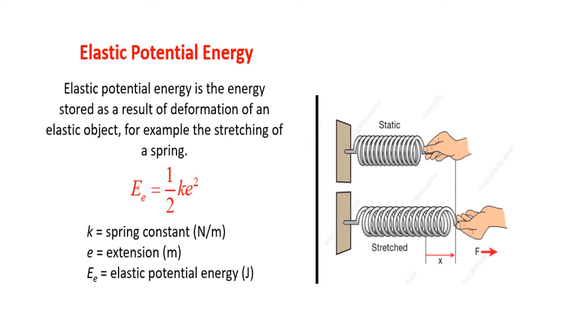For example, when a spring is compressed or stretched by a length x, it stores in it EPE of the formula 1 over 2 k x square, where k is the spring constant measured in newtons per meter, x is the extension or compression of the spring, and EPE is the elastic potential energy in joules.